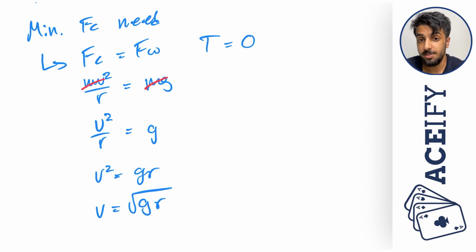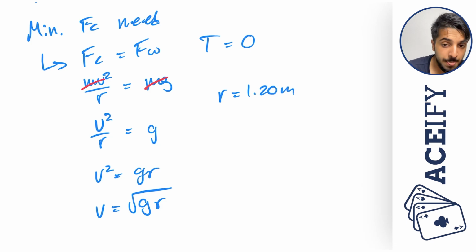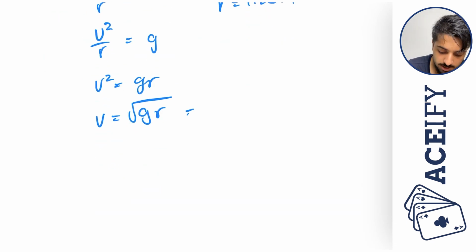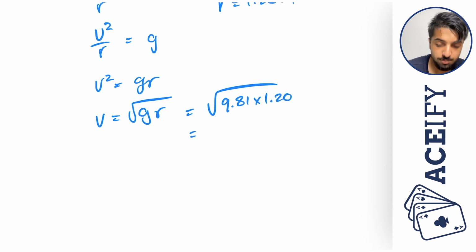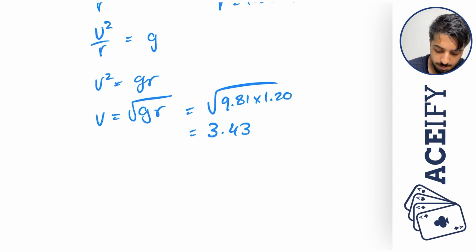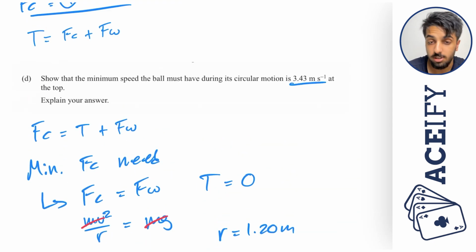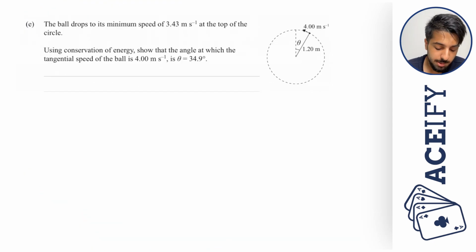Now we know from previously in our diagram that the radius is equal to 1.2 meters, and so plugging that in, we can see that the square root of 9.81 times 1.20 is equal to 3.43 meters per second, and as you can see, that is the value that we're trying to find. The ball drops to its minimum speed of 3.43 meters per second at the top of the circle.